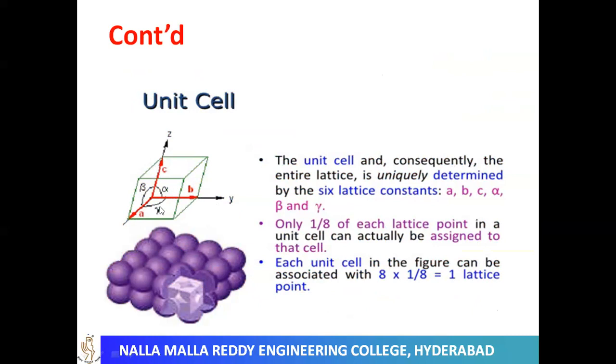The angle between b and c is alpha. The angle between a and c is beta. And the angle between a and b is gamma. Thus, the unit cell is characterized by 6 parameters: a, b, c and alpha, beta and gamma.